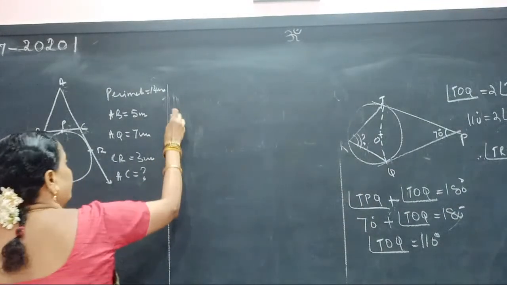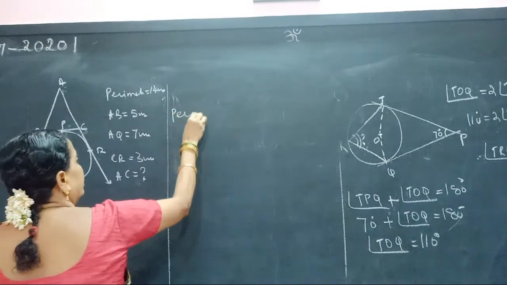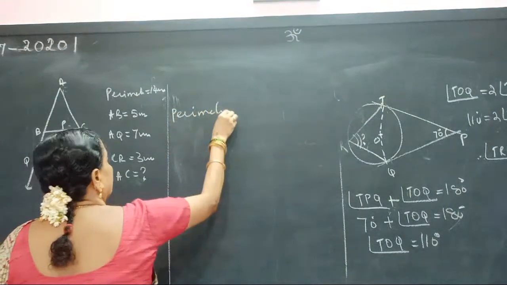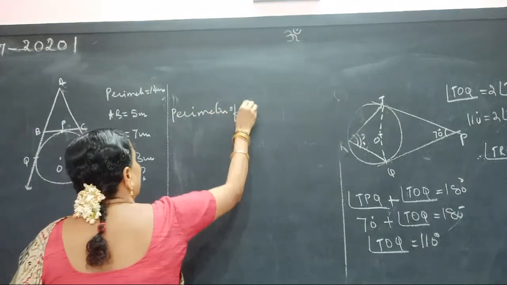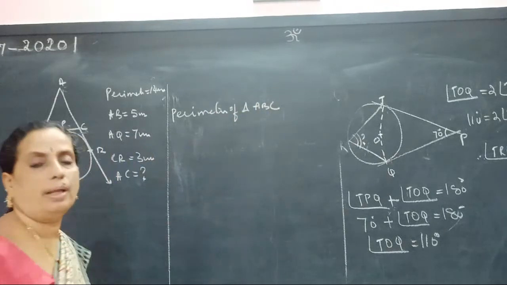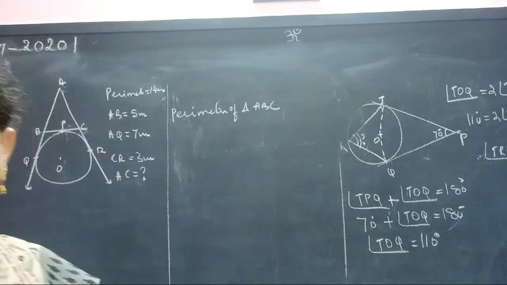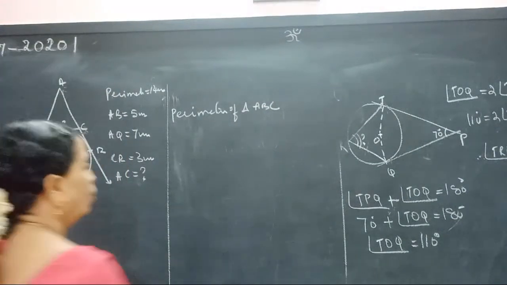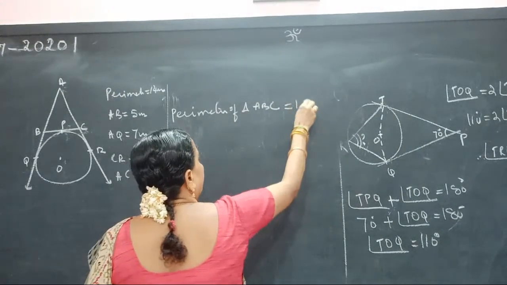Right here, perimeter of triangle ABC. It is given perimeter of triangle ABC equals 14 centimeter.